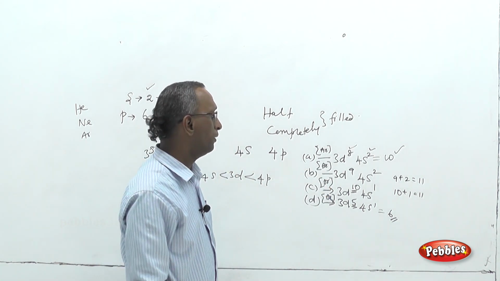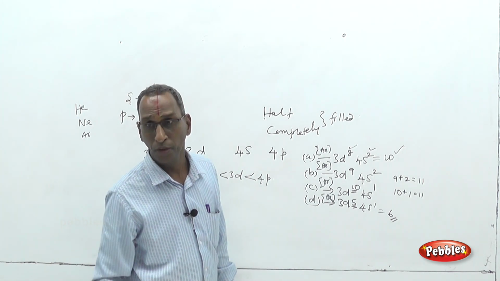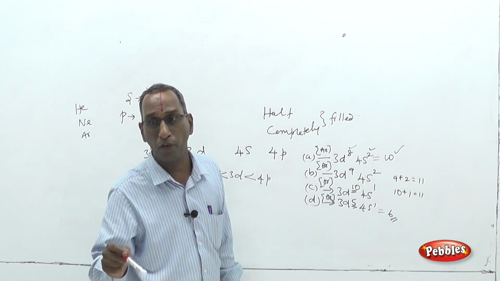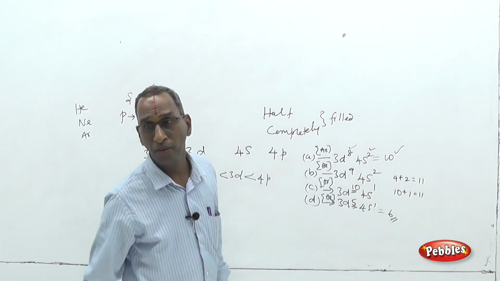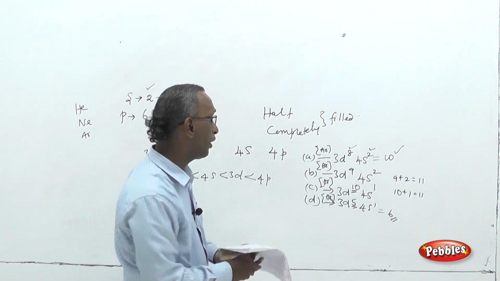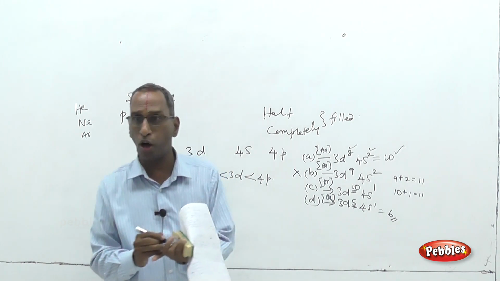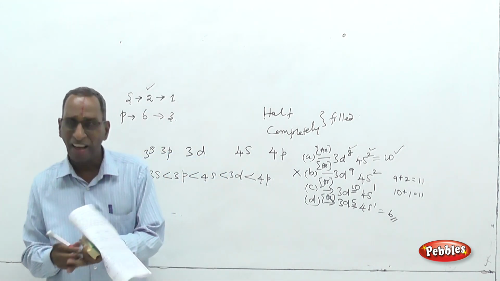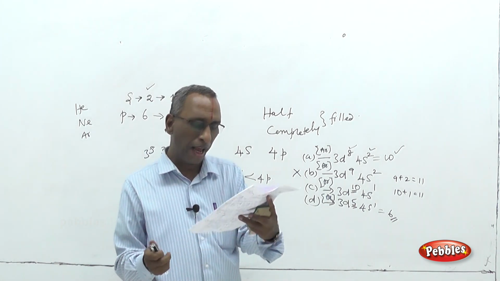The question arises. 3d10 is completely filled, the most stable configuration. In order to attain the most stable configuration, the 11th electron goes to the inner orbital, giving 3d10. It will not be 3d9. So it is not the correct configuration, so choice B is not correct. Choice B is the answer.